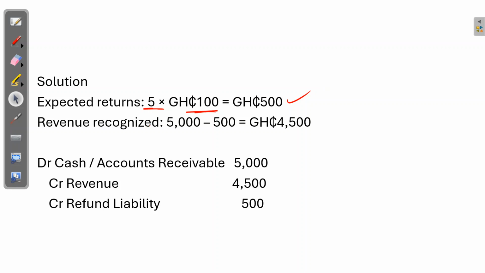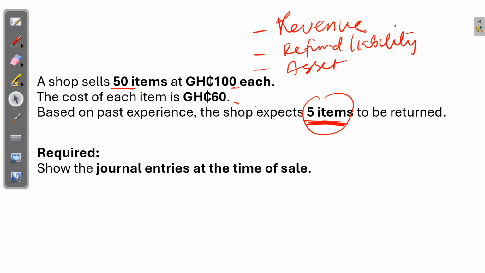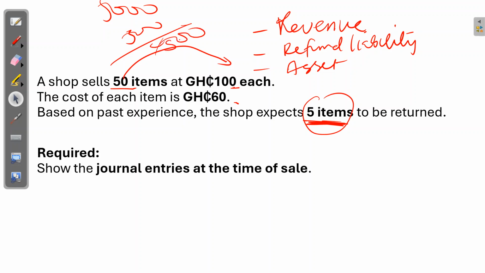So the revenue we are going to recognize is the 5,000 minus 500, which is 4,500. We are selling 50 items, so 50 times 100 is 5,000. Then we expect the customer to return five, which is 500. So we have to recognize revenue of 4,500.